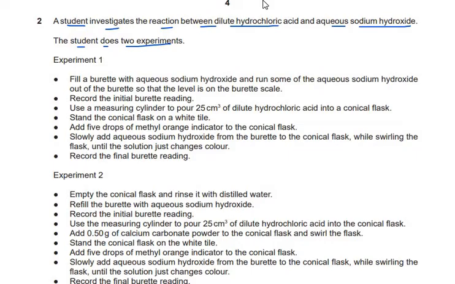In short, I'll explain. There is a kind of titration going on between sodium hydroxide taken in burette and with the help of measuring cylinder, dilute hydrochloric acid is taken in a conical flask. The indicator used is methyl orange and the final burette reading for the color change is noted down.